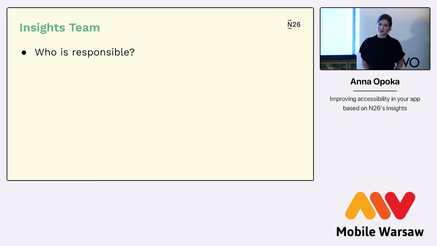So who is responsible? Now I think every new feature we do, we know that it has to be accessible. So let's say I spent a lot of time creating new onboarding flows, and I think around 40% was because of accessibility. So it was a product decision.